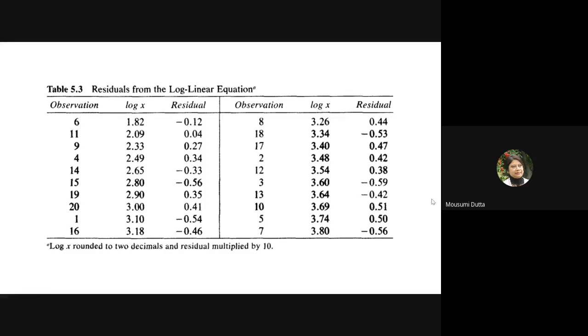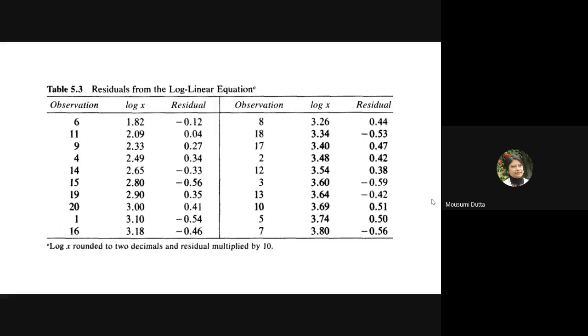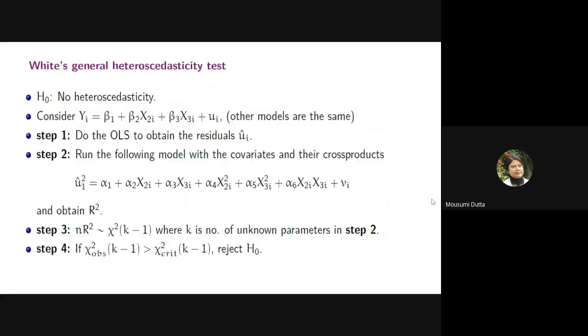Next, consider the logarithmic transformation of y and x and check whether now you are getting only a random scatter of the residuals, not something which gives you a pattern. As I mentioned, this is only a rule of thumb. Graphs are also limited. We have to go for several formal methods of detecting heteroscedasticity too.